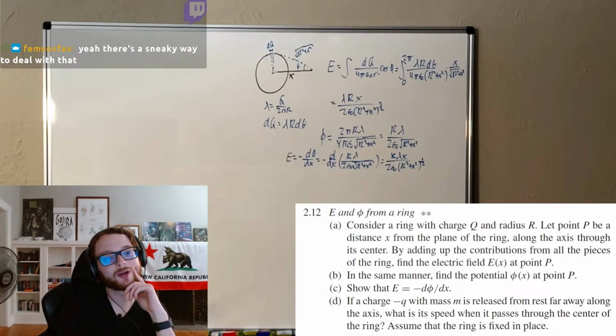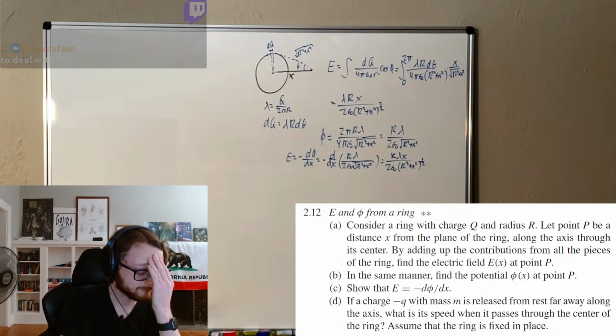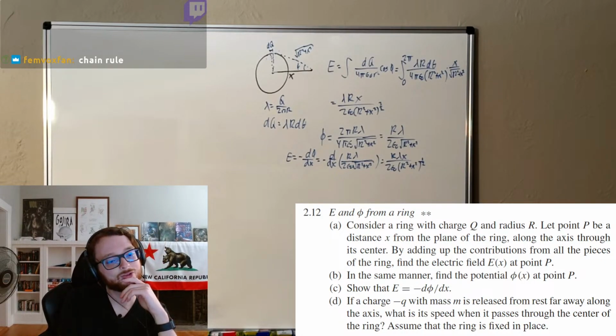I assume there's some kind of parameterization, or we can convert that time into position. Chain rule?